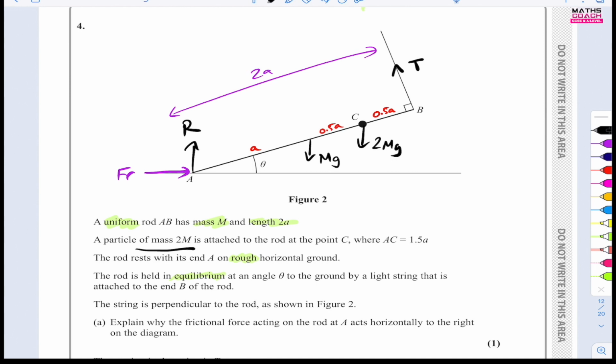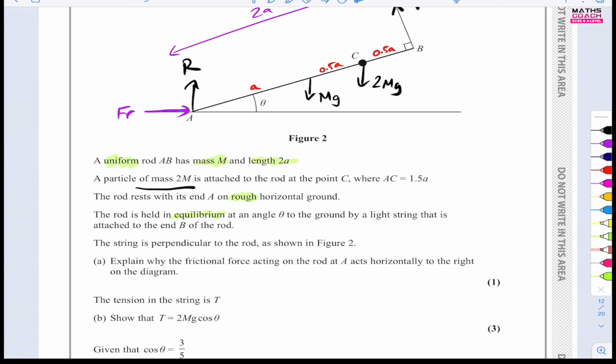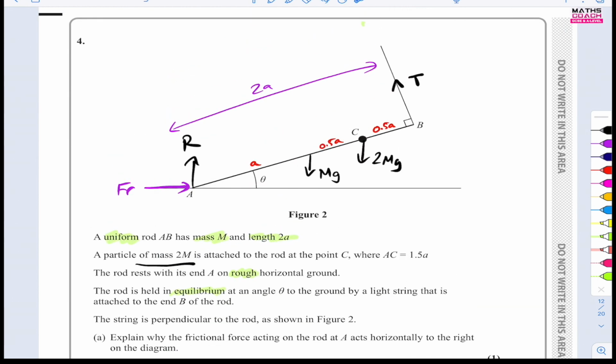With these questions, we start by taking moments. All right, so we need something that will introduce our T, our tension, because that's what we're trying to find. So you take moments by introducing this force into it. It's not a good idea to take moments from B, because you can take moments from any of these points, all right? But if you take moments from B, what you're doing is eliminating T from your calculations. So you don't want to be doing that.